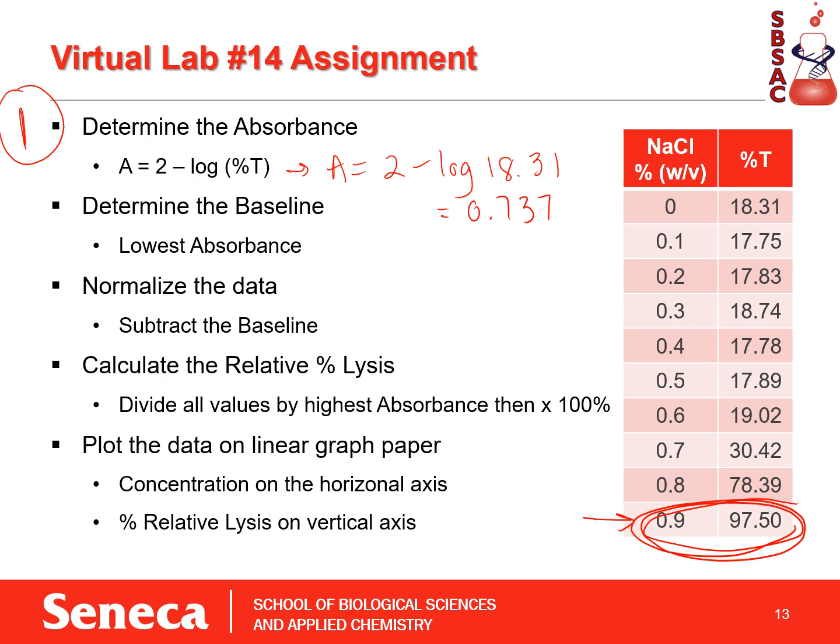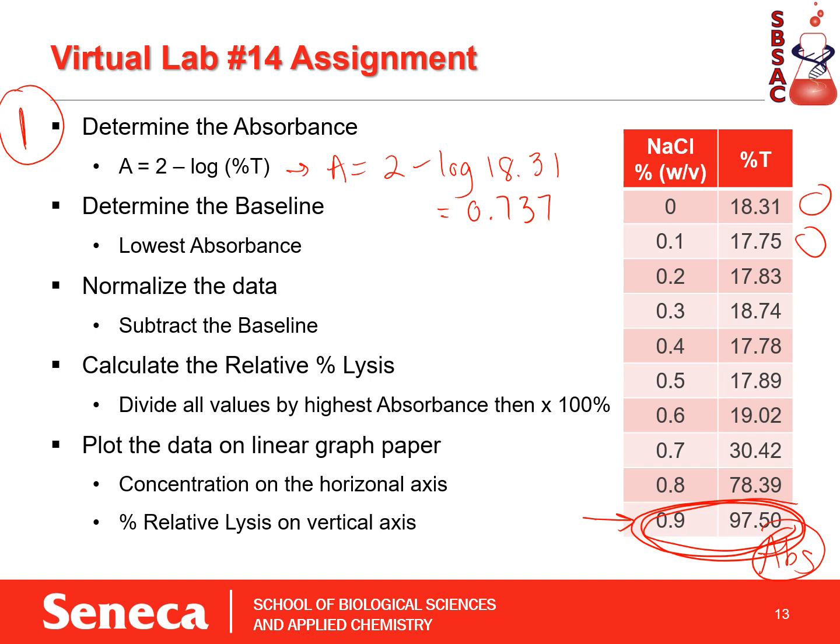So whatever this absorbance value is down here, you're going to subtract it from this absorbance, subtract from this absorbance, and so all of them are going to be, it's called normalized. We subtract the baseline from each of the absorbance values, okay?